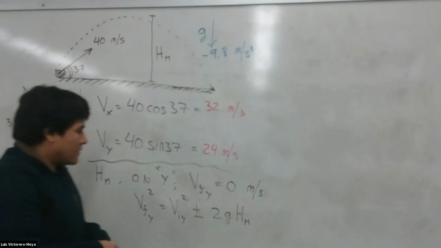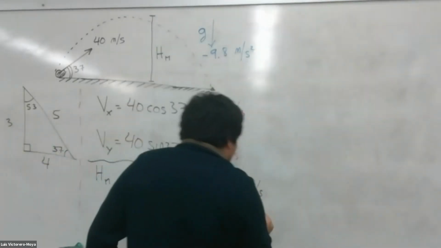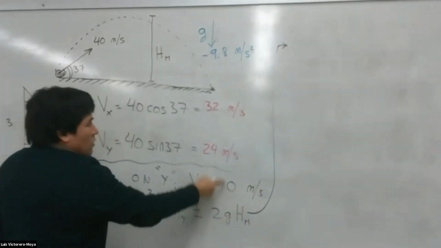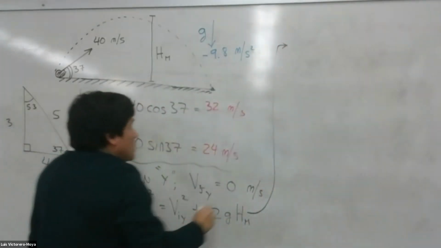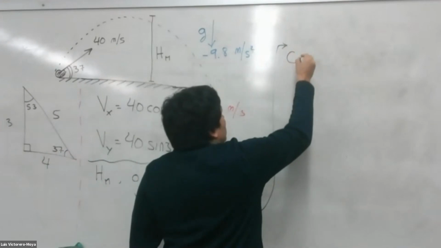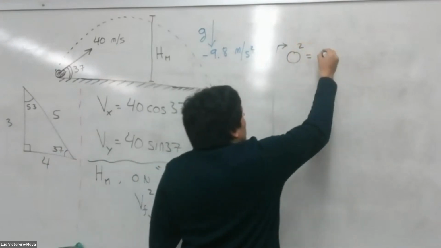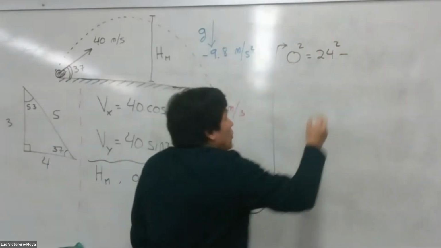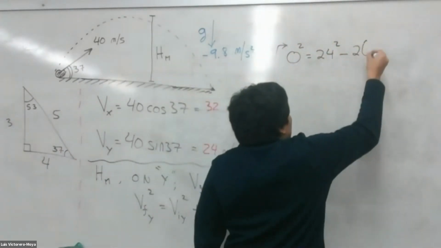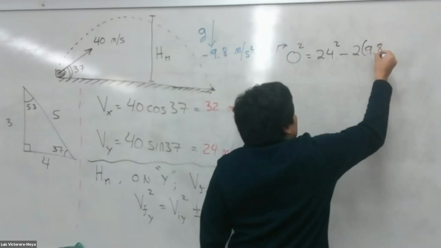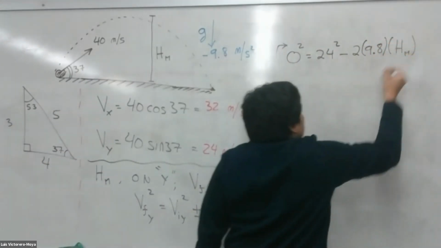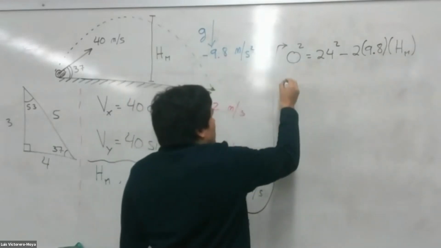And what is the V initial and V final? Well, we have it. 0 and on Y, 24. So 0 squared is equal to 24 squared minus, because gravity is minus 9.8, H max. To the other side.